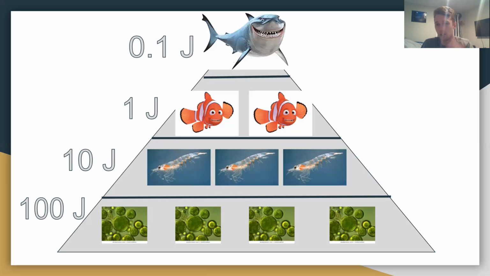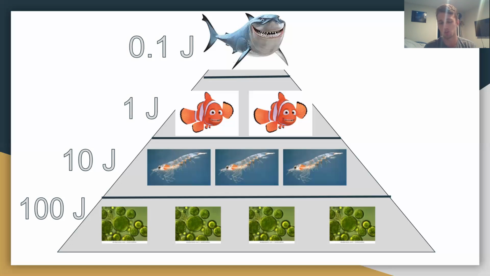Okay, so we'll go back to the 10% rule. Our producers create, in a perfect world, 100 joules of energy that they have stored in glucose and other things within their cellular structure. The krill that would eat those algae and seaweed and other things only regain about 10% of that energy from the level before it.